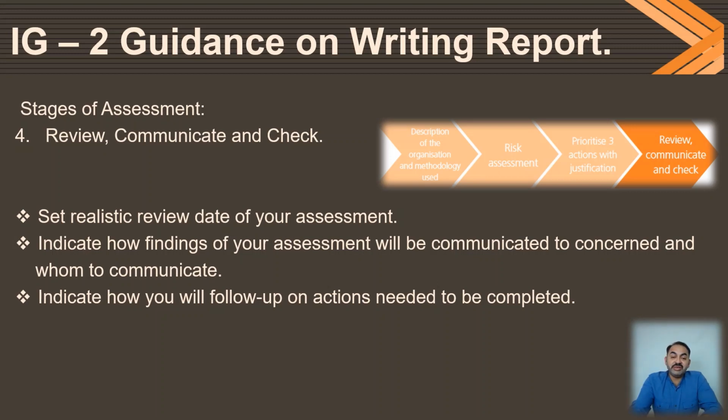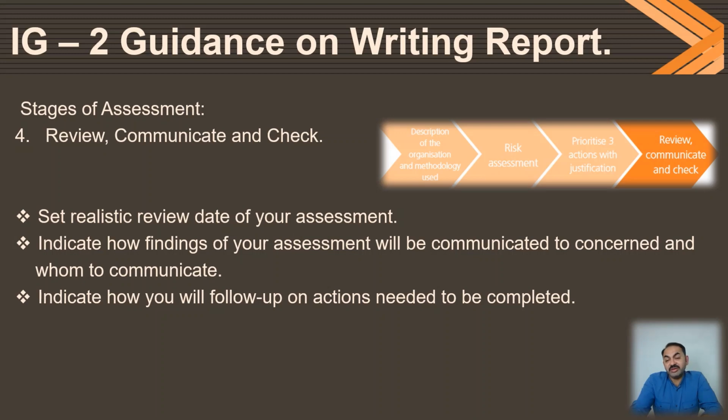Also, you need to indicate how the findings of your risk assessment will be communicated to the concerned people, and whom to communicate to. Once your report is ready, whom are you going to send this report to, whom are you going to discuss it with, and what would be the method of communication? Would it be an immediate meeting after the report?